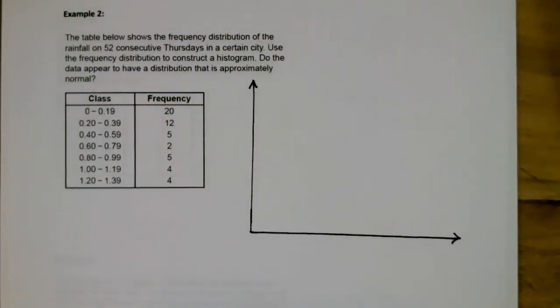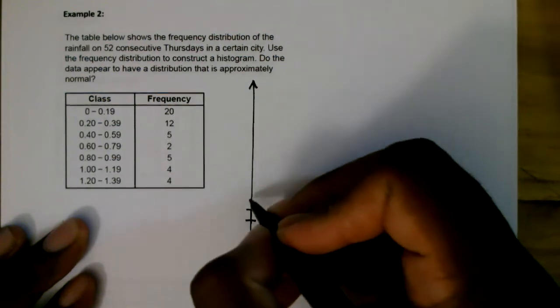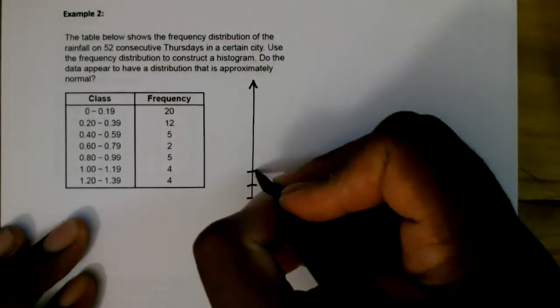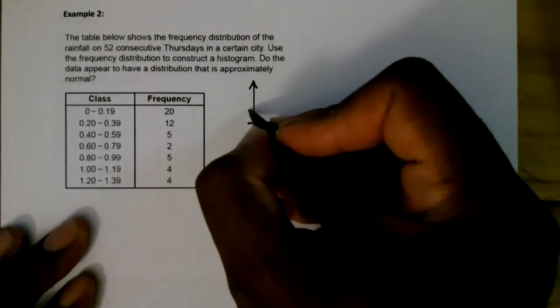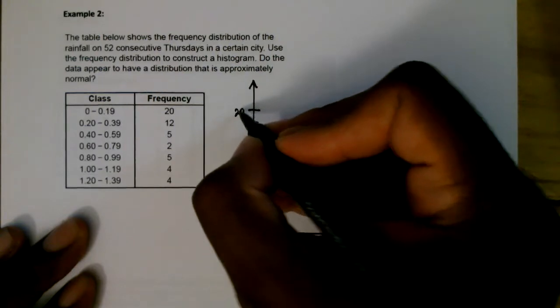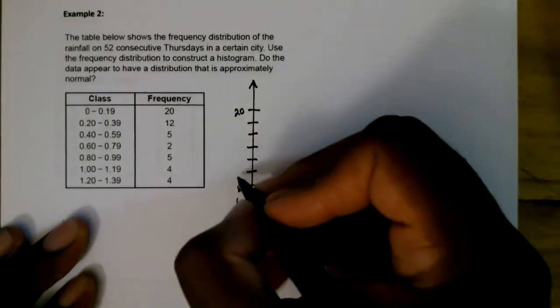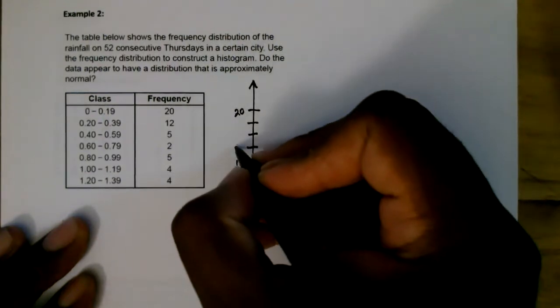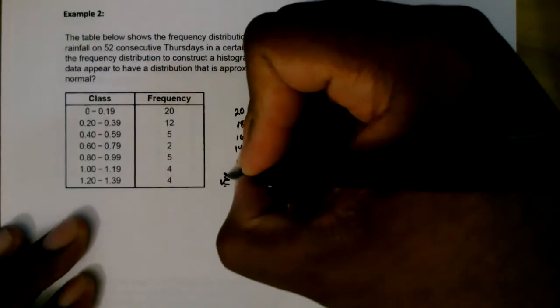I'm going from 4 to 20. Let's do our tick marks in increments of 2, so this would be 2, 4, 6, 8, 10, 12, 14, 16, 18, and then 20. So 20 is up here. These are the frequencies.